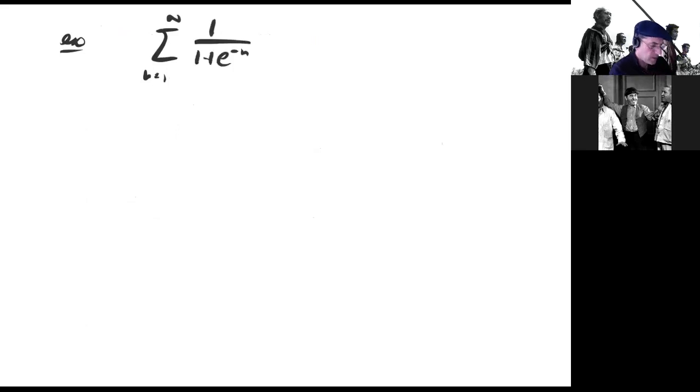So here's an example: the sum as n goes from 1 to infinity of 1 over 1 plus e to the minus n. What is happening to the nth term? Let's see if we can apply the divergence test to this. As n is going to infinity, we can rewrite this as 1 over 1 plus 1 over e to the n.